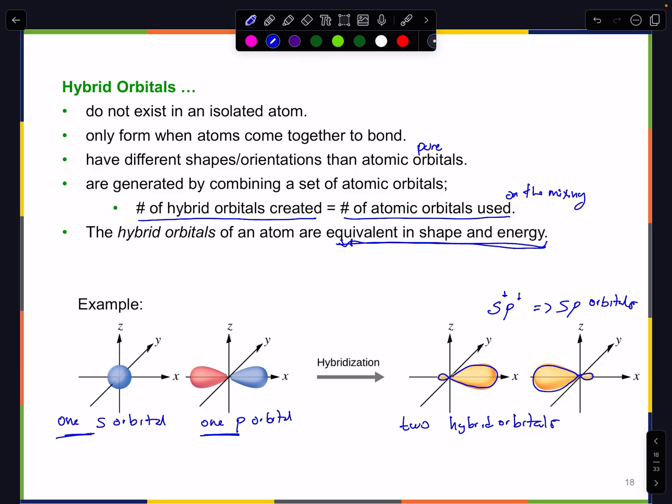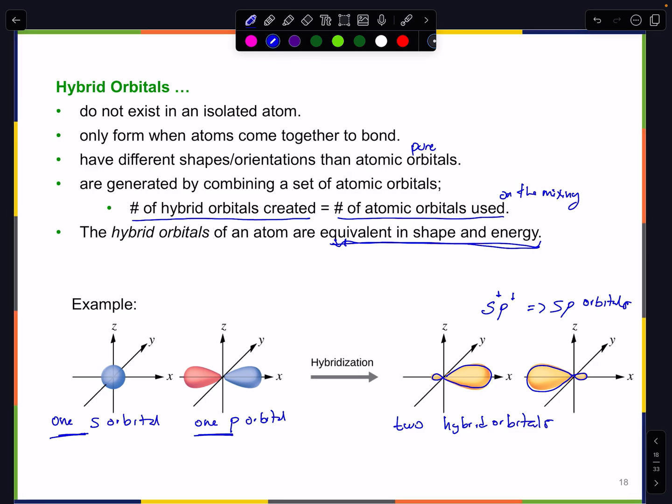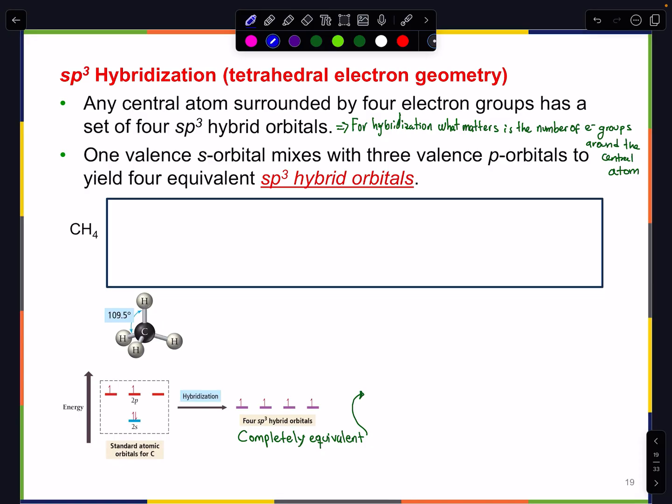We are going to look into this sp hybridization in detail, but I want to talk about the three ones that we have, or at least three of the ones that you have on that handout. The sp3, the sp2, and the sp hybridization. So let's start with the sp3 hybridization.